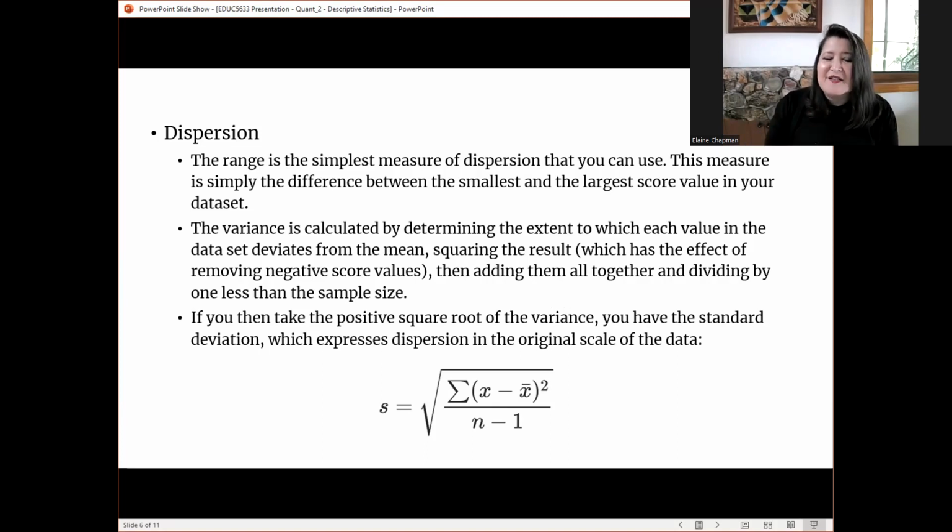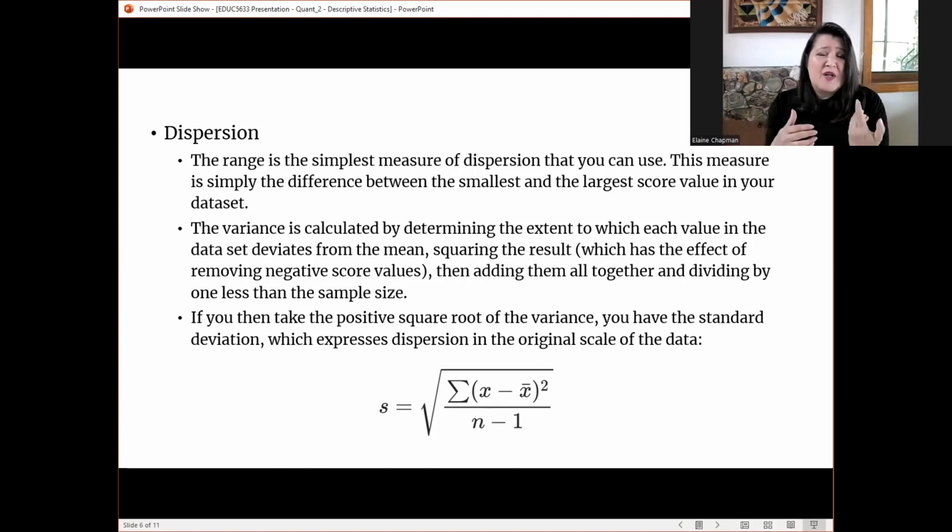So you can see that the standard deviation is quite useful interpretively, because in my mean or median, I have an indicator of the typical score that I got in my distribution or group of scores. And with the standard deviation, I now have how much on average the scores in my set differed from that so-called typical score.